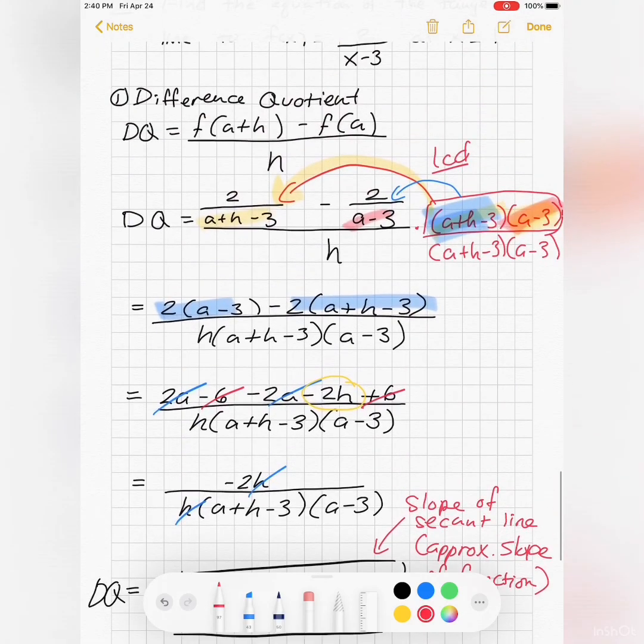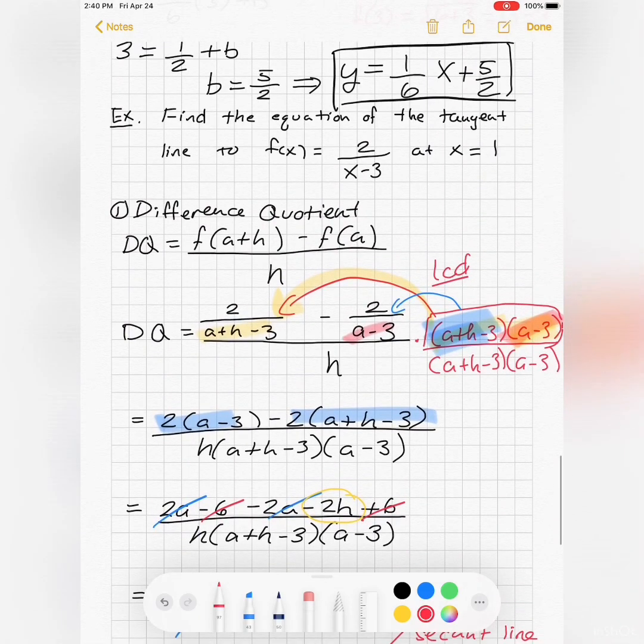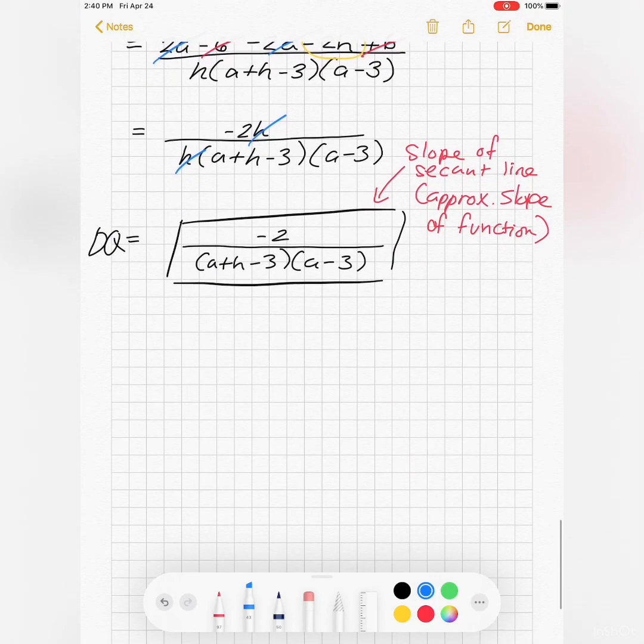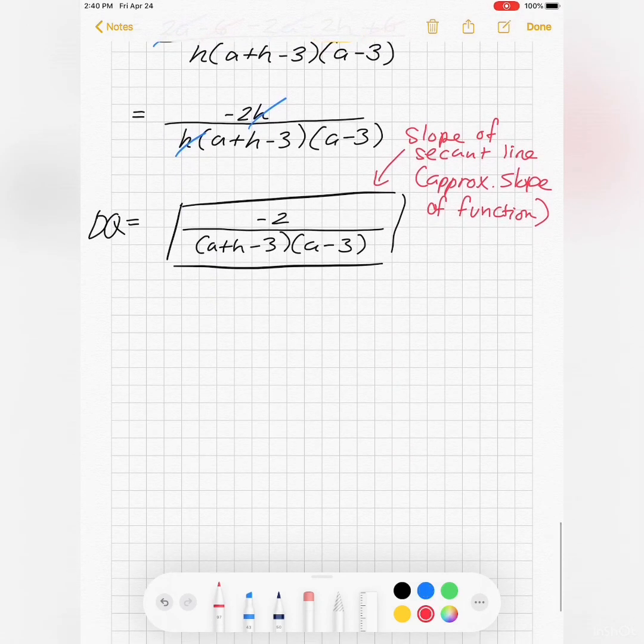So what was I looking for? Remember, I'm looking for the equation of the tangent line, not the secant line. So step 2, again, is find the derivative.